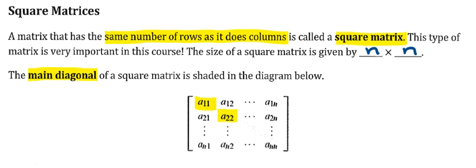A sub 2,2, there would be an a sub 3,3, so on and so forth until we get to this bottom right corner entry a sub n,n. So in other words, this part of the matrix consisting of all the entries that have matching subscripts is known as the main diagonal.